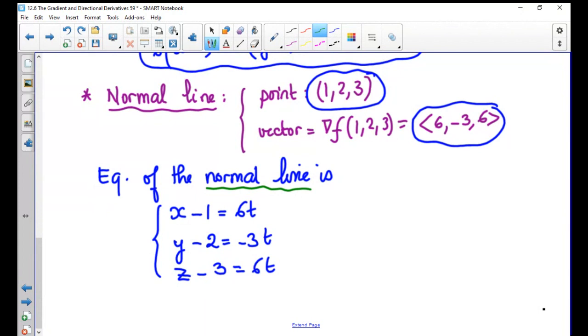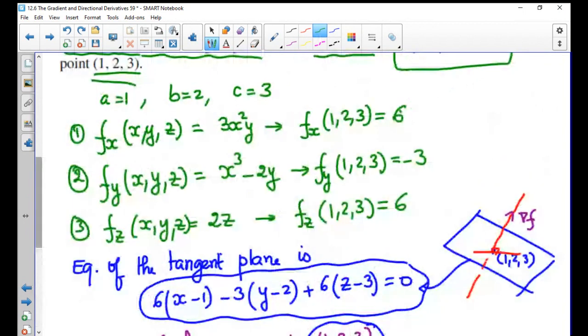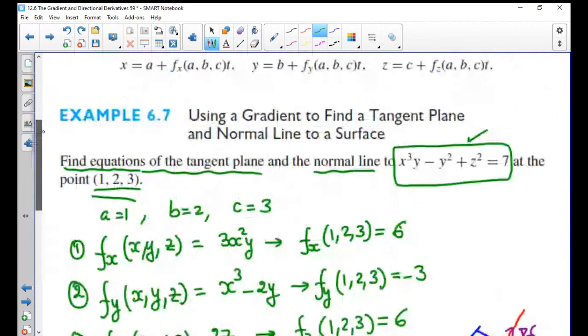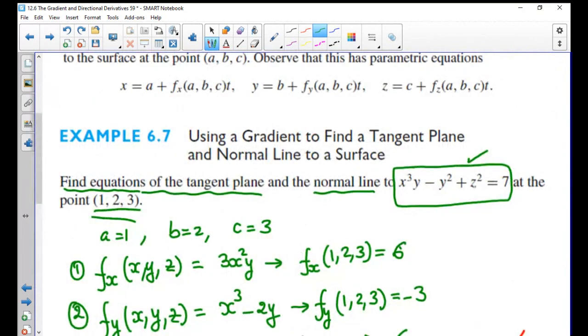And of course, if you put t equals 0, you get the point 1, 2, 3. Other values of t will give you points along the line. So you will be getting points on this normal line. Are we okay with this? Important question, this one. You really need to know this.